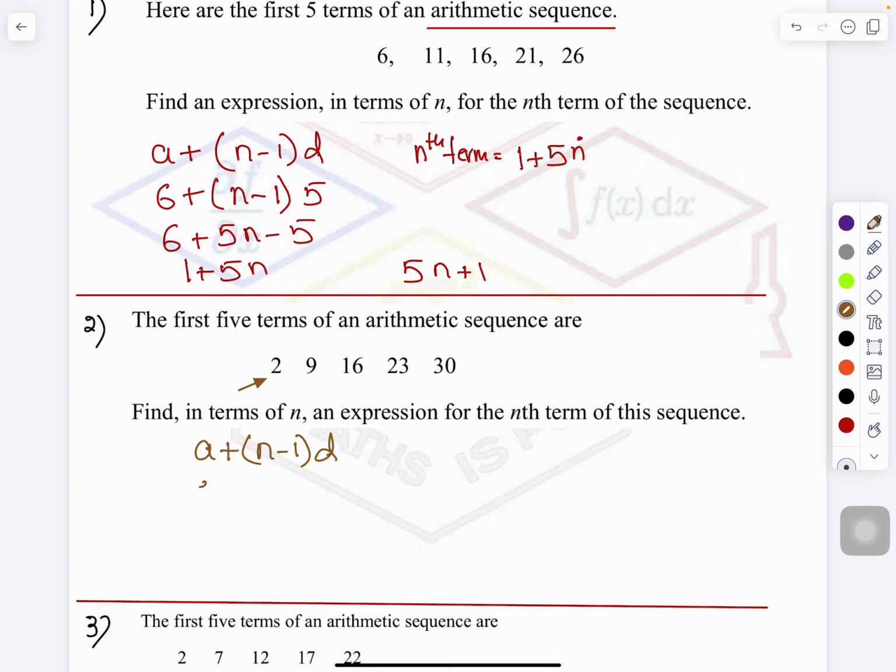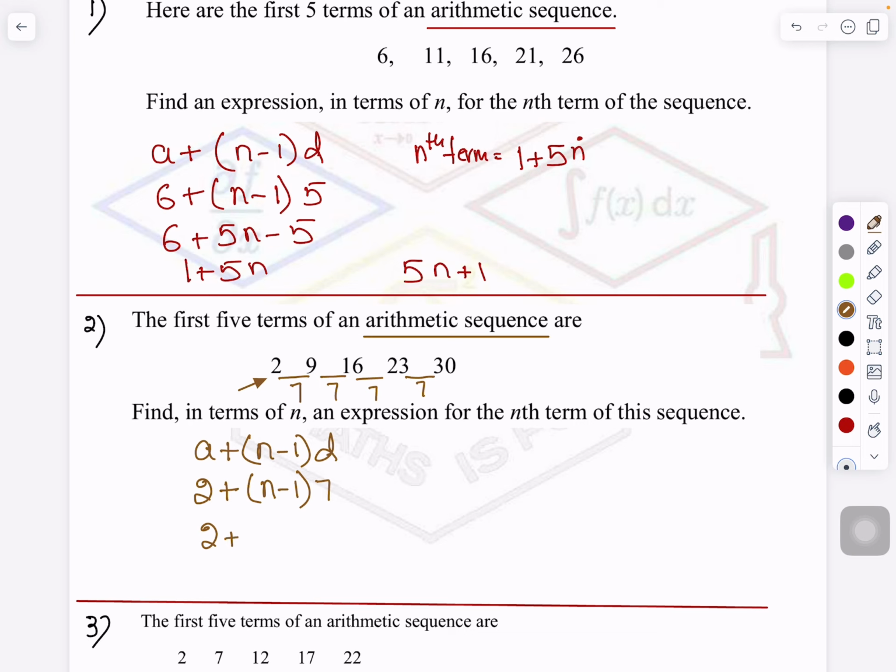What is the first term? 2. And we do not replace n because we are finding the nth term formula. What is the difference? 7. What is the difference? 7. What is the difference? 7. So when the difference is common, that sequence is called an arithmetic sequence. So my d is 7.